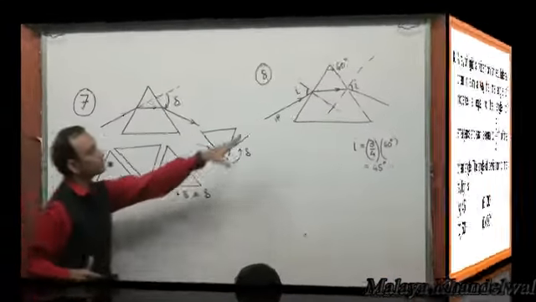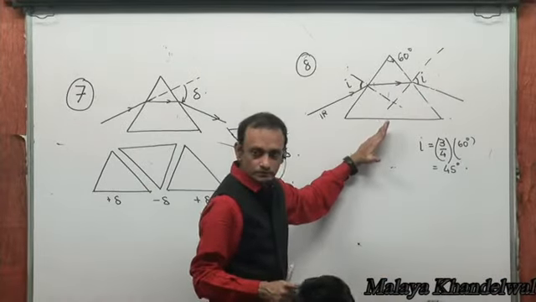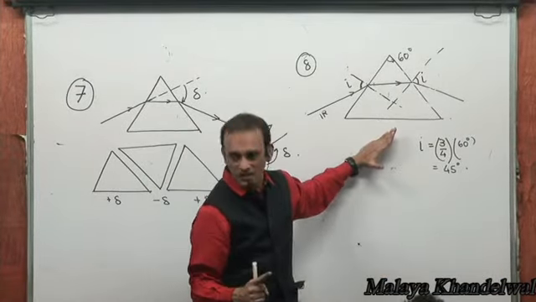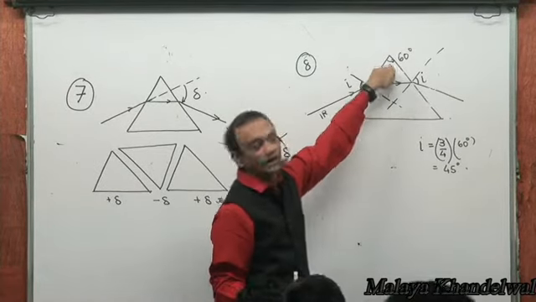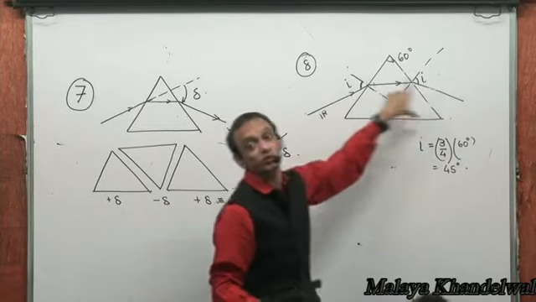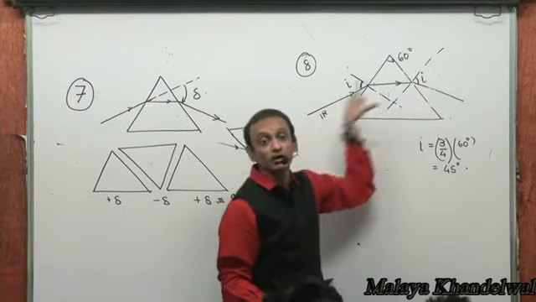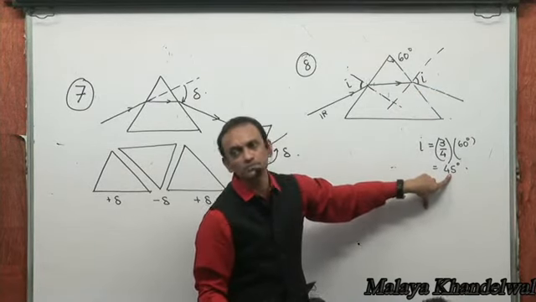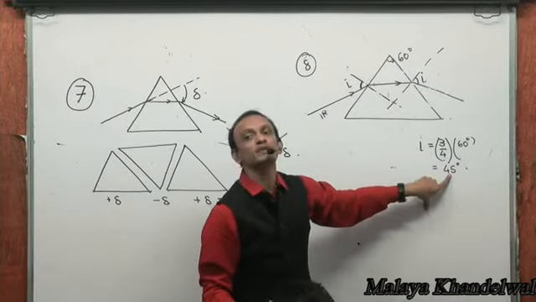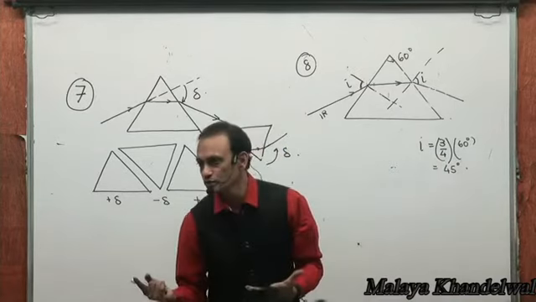The next problem is again about a prism. Given that the prism is equilateral, that means the angle is 60 degrees, and the angle of incidence is equal to the angle of emergence, 3/4 the angle of the prism, so 45 degrees. I want to find the deviation produced by this prism.